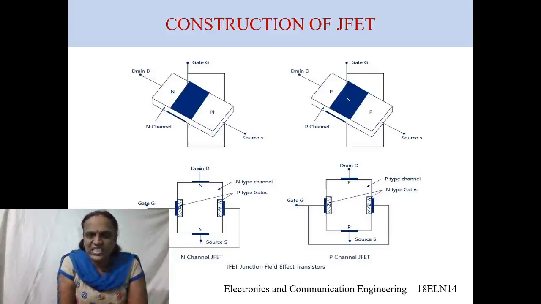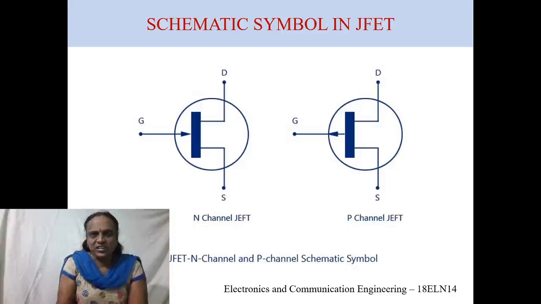Okay, so this forms the basic construction of our JFET. The same thing, whatever I have told now, I just wanted to symbolize in a schematic diagram of an N channel and a P channel. As I've already told you, the three terminals are gate, drain and source.